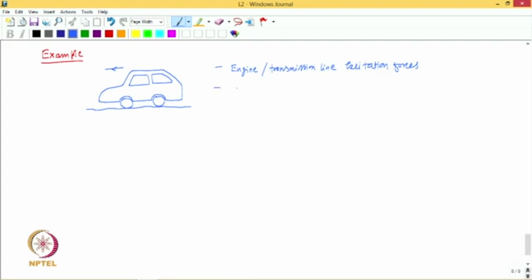They may also come from the ground because of the road roughness, right. Excitation due to road irregularities.